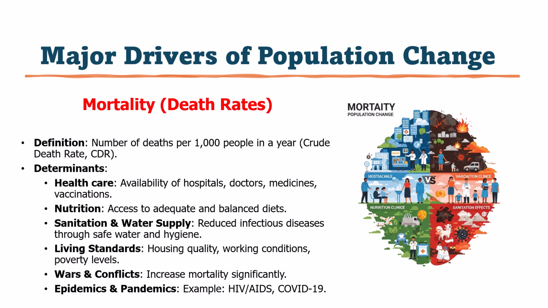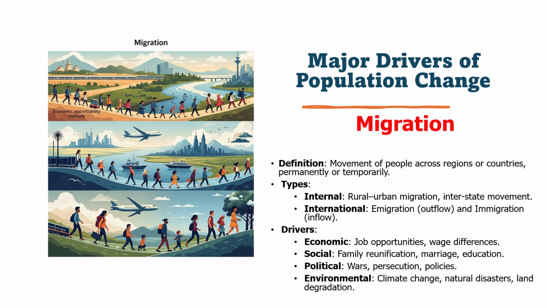However, wars, conflicts, epidemics, and pandemics such as HIV/AIDS or COVID-19 can sharply raise death rates. Globally, mortality has steadily declined due to medical advancement, improved public health systems, and rising living standards, though disparity persists across regions.